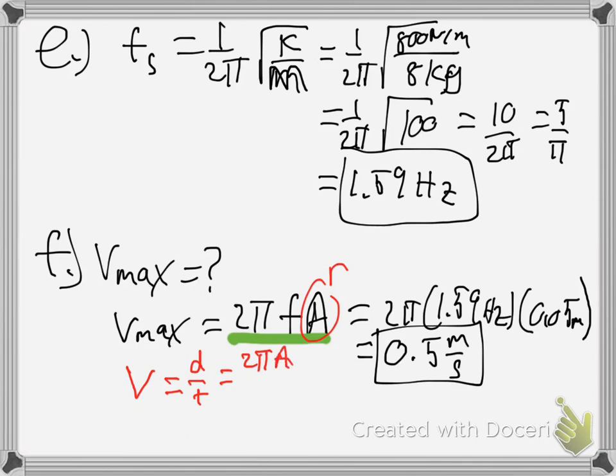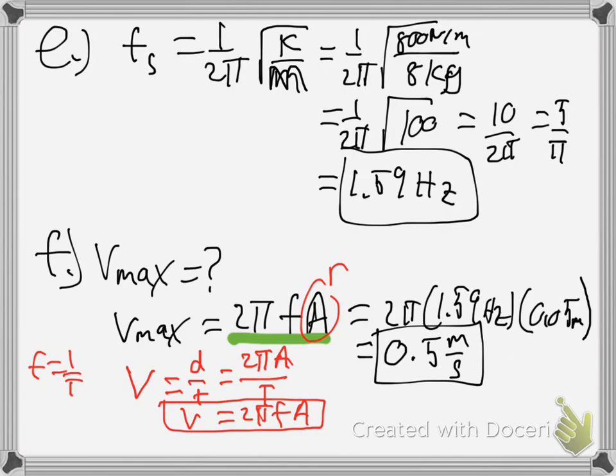So that's 2 pi a over T, and then frequency is equal to 1 over T. If you remember that concept, then that really reduces the memorization needed. Okay, hope this helped. Thanks.